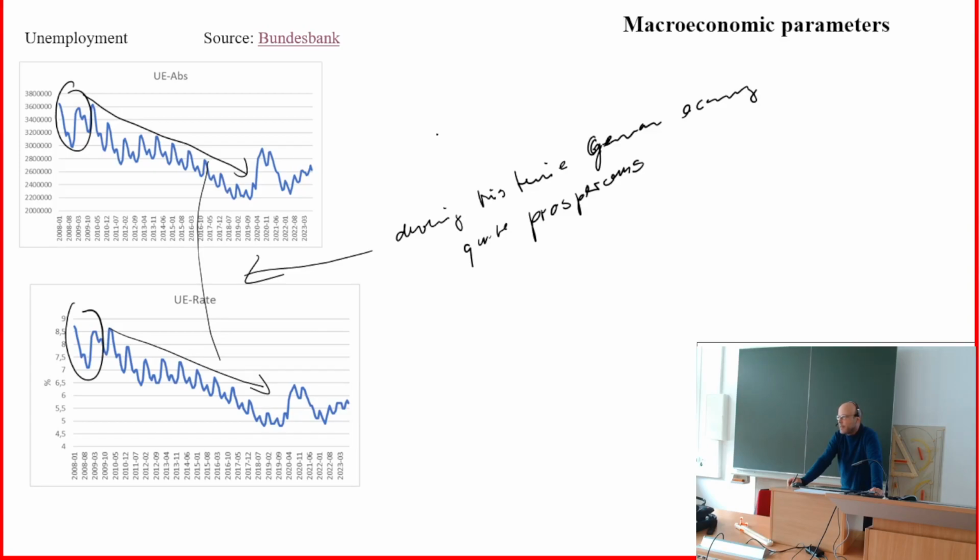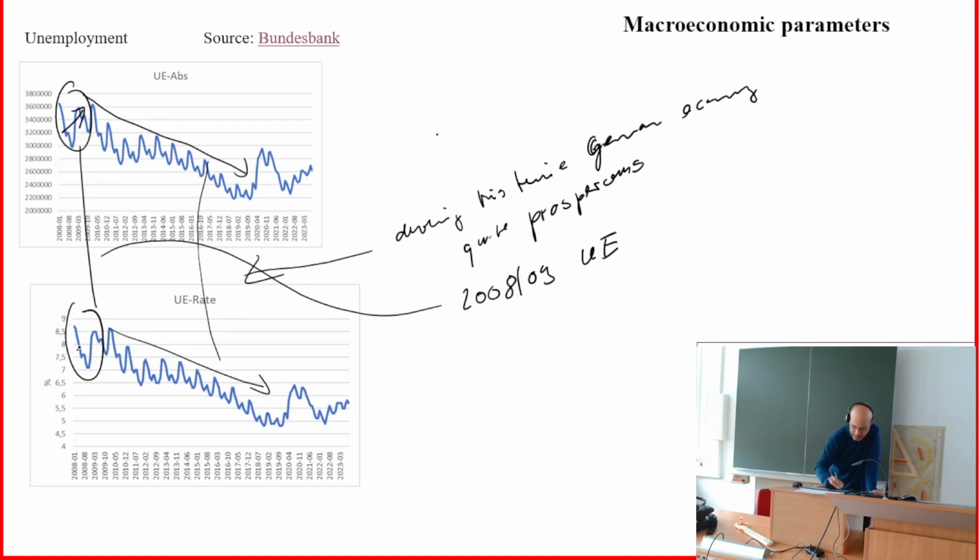Well, here at the beginning, it is very surprising that in 2008, 9, unemployment has not gone up very much. Well, we had a deep crisis with minus 5% economic growth rate, so we had a deep downturn in the whole economy, and yet we have only a very little rise in unemployment, almost nothing.